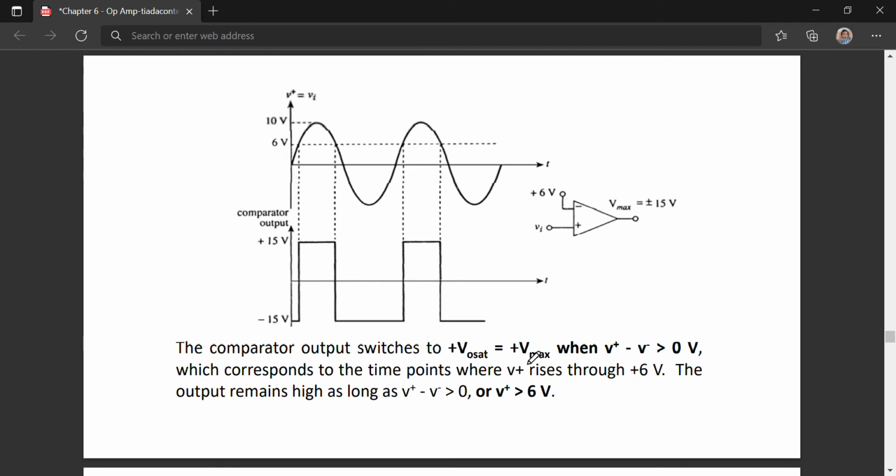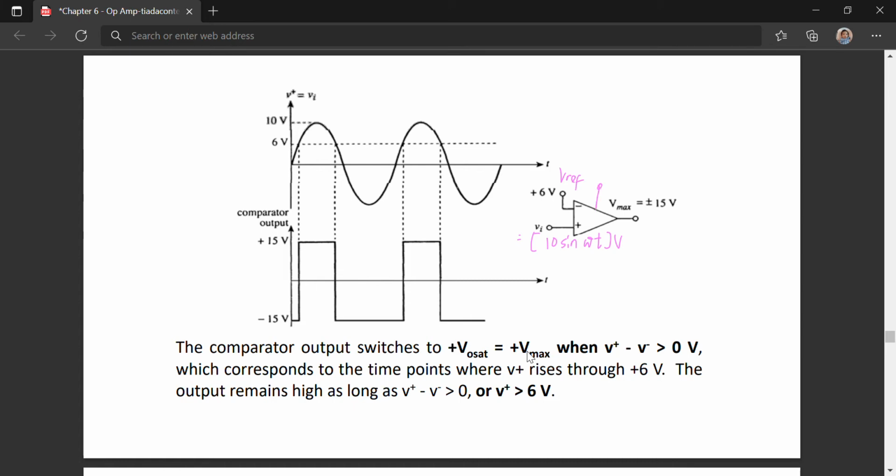Alright, this is another example where you have Vin as a sinusoidal signal. So Vin is 10 sine omega t volt and Vref is 6 volt. Vmax plus minus is 5 volts.